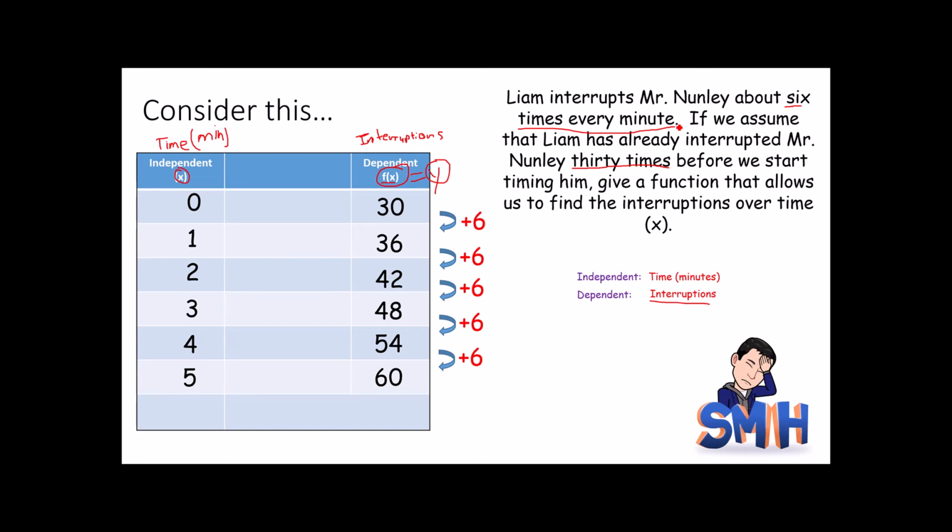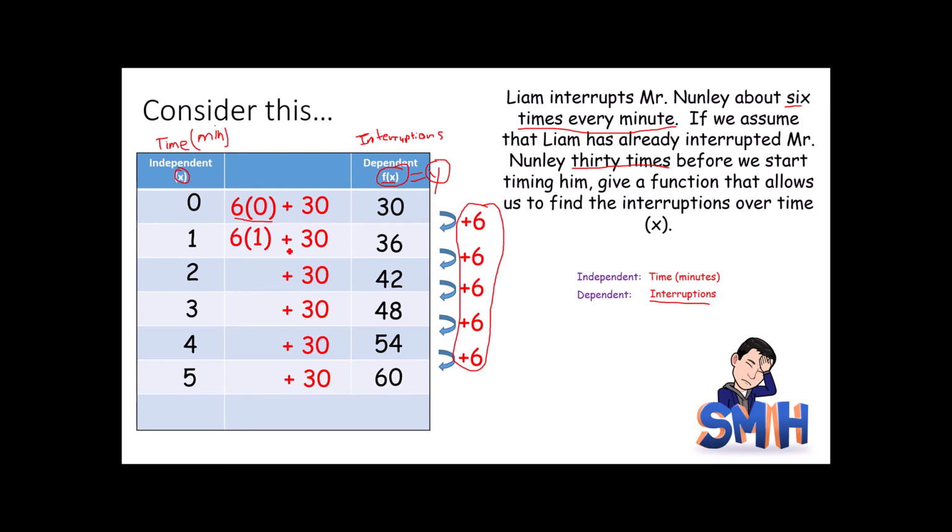That means that no matter how much time passes, we'll always have those original 30 interruptions. But as time passes, we're going to keep track of how many sets of 6 we're adding on. So if 0 minutes pass, we have the original 30 and no more interruptions.